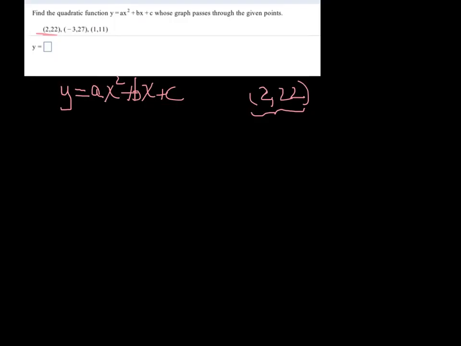Because in order to determine what the function is, we're actually going to be solving for the unknowns of a, b, and c. Okay? A, b, and c are the unknowns that we want to determine from our system of equations when we solve it.